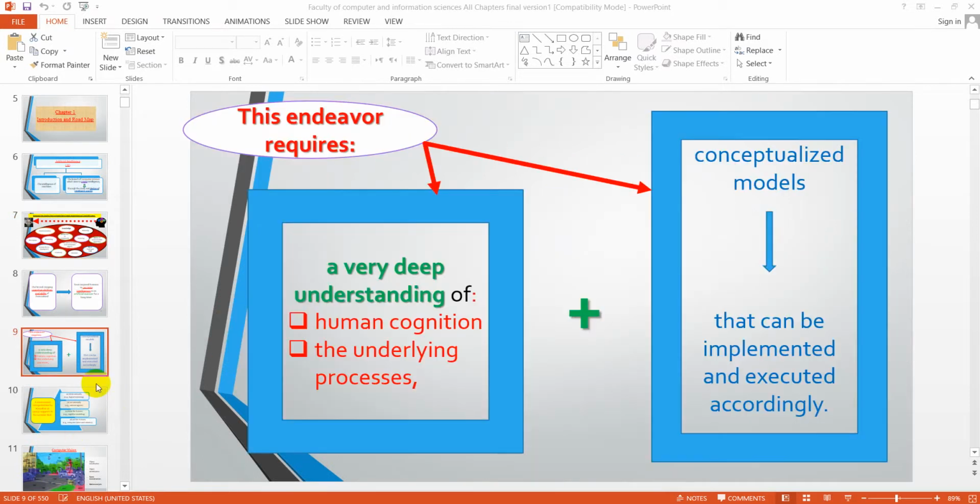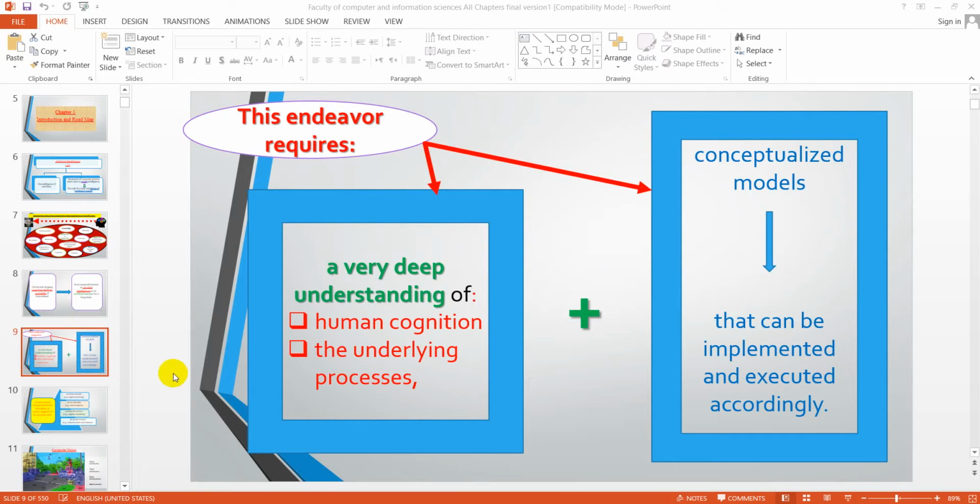But this endeavor to recreate intelligence in an artificial manner needs, number one, a very deep understanding of the human condition and the underlying processes. Number two, we should have conceptualized models according to which we can implement and execute, and recreate intelligence in an artificial way.